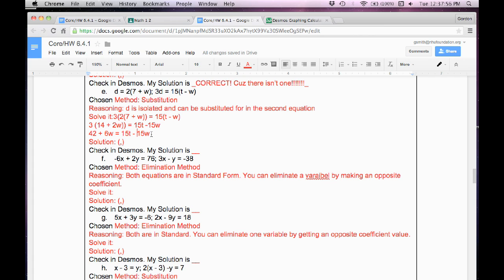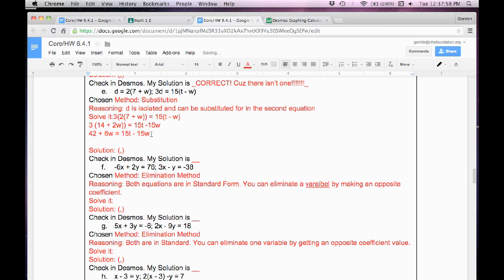So what I'm going to do is add 15W to both sides. So we get 42 plus 6W plus 15W is 21W. And that will be equal to just 15T. Then I'll subtract 42 from both sides.